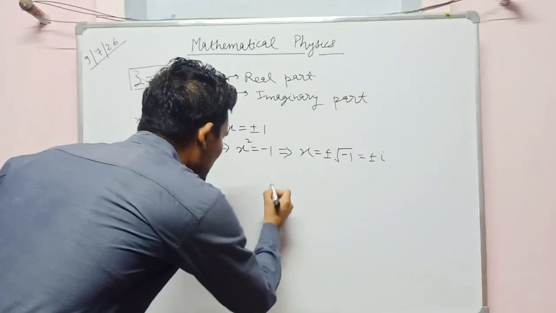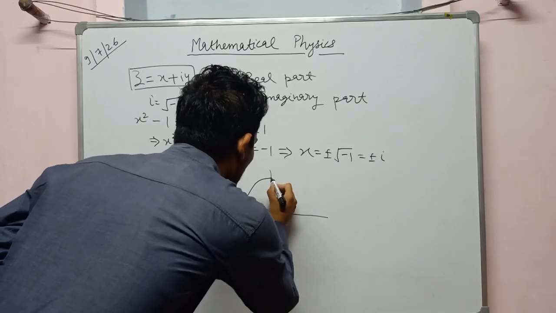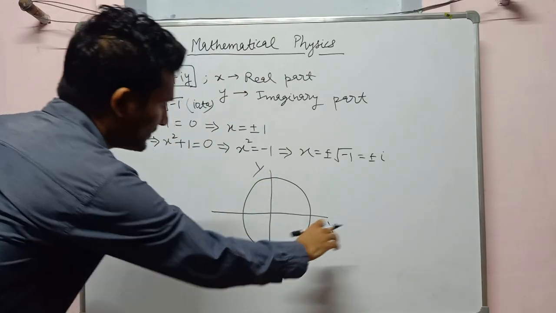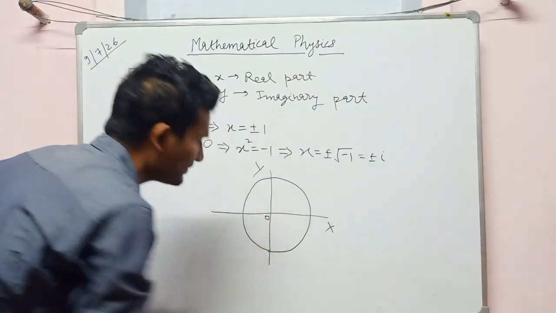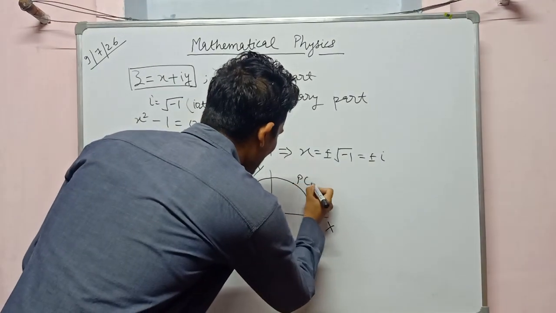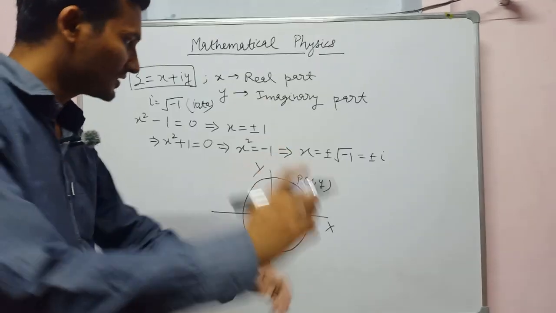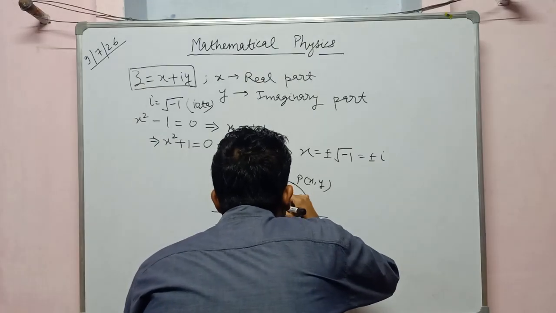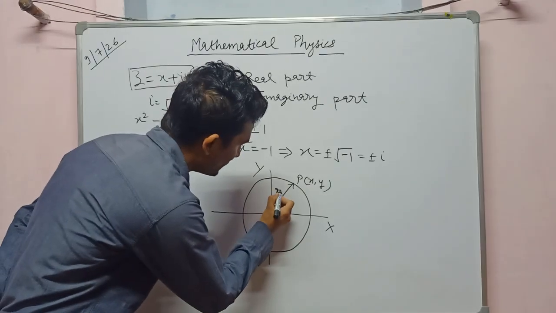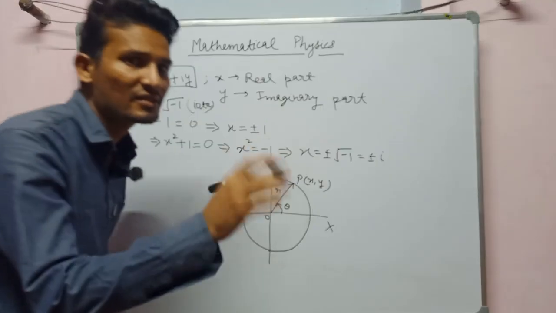So let me draw a circle, with the x-axis and the y-axis. The center of the circle is the origin, and let me take some point P having the coordinates x and y. Now let me draw the position vector of this point, and let me call the length of this vector r, and the angle the vector makes, let me call it theta.